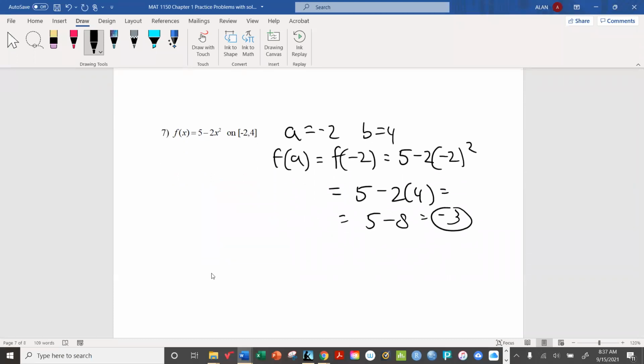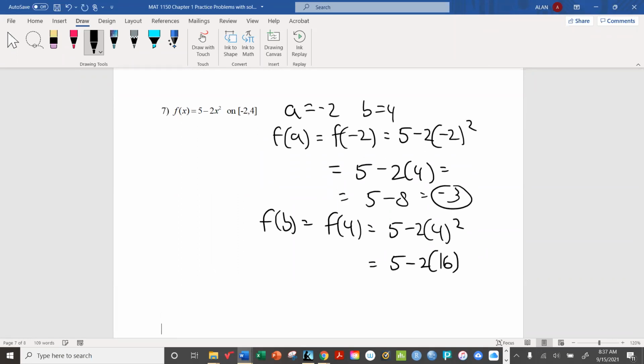F of B will be f of -4, 5 minus 2 times 4 squared, 5 minus 2 times 16, 5 minus 32, negative 27.